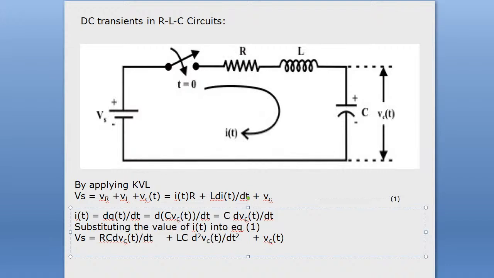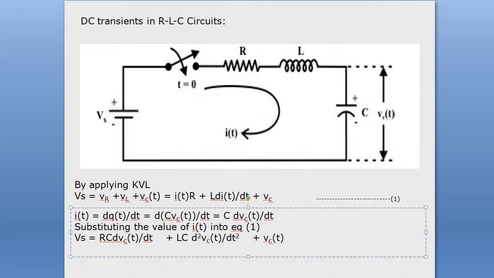Pal, I of t: you know the current is nothing but the rate of change of charge. We know that I of t equal to dq(t) by dt, where q is the charge. And charge is equal to the product of capacitor voltage and capacitance, Cv. C is constant for this particular circuit; this is the value of the capacitor, say 5 nanofarad or 10 nanofarad, a fixed value.